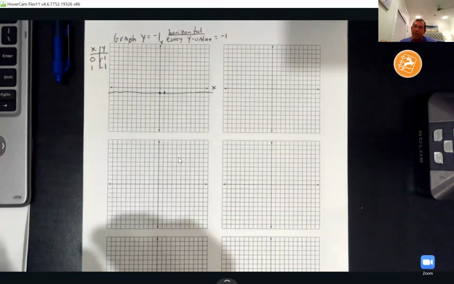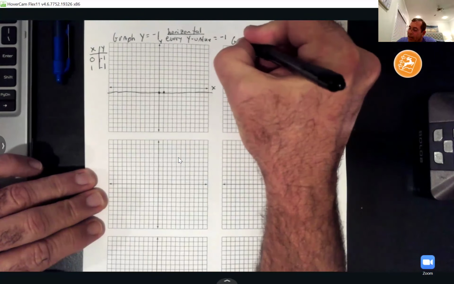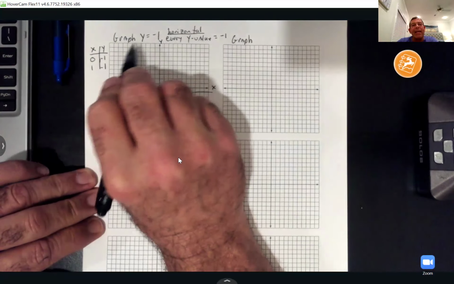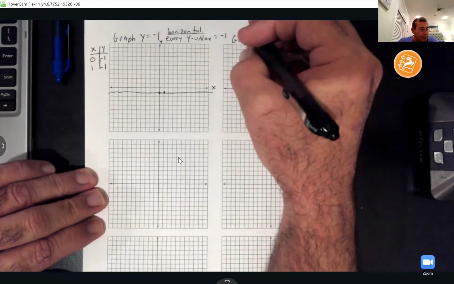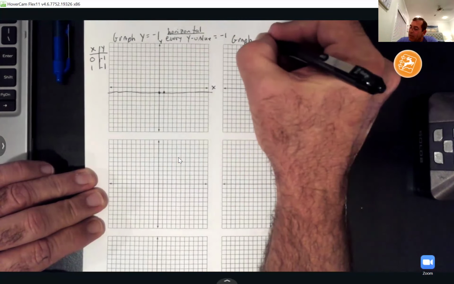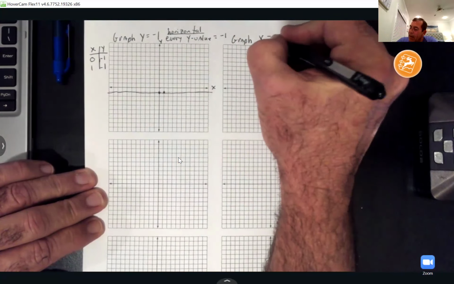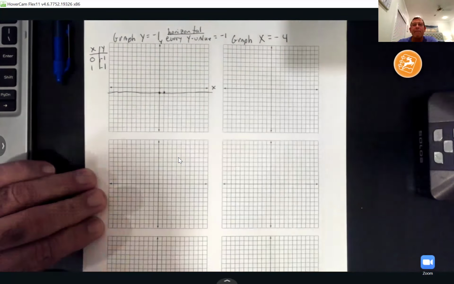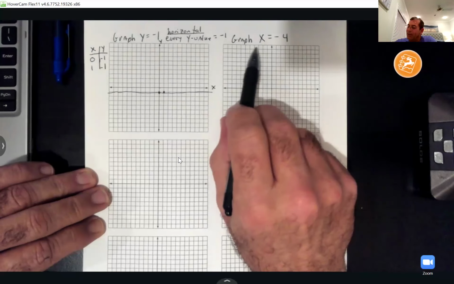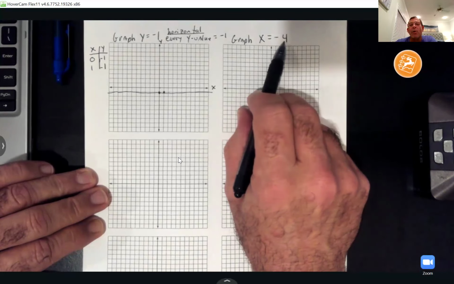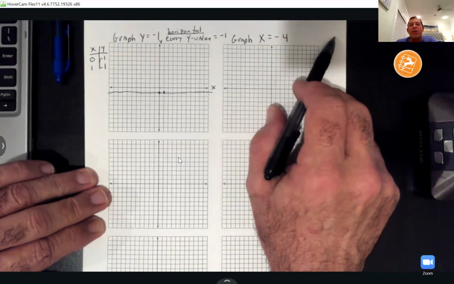That one was horizontal. Let's look at, what if I got x equals a number? How about x equals -4? So if you got x equals -4, it don't matter what the y values are.